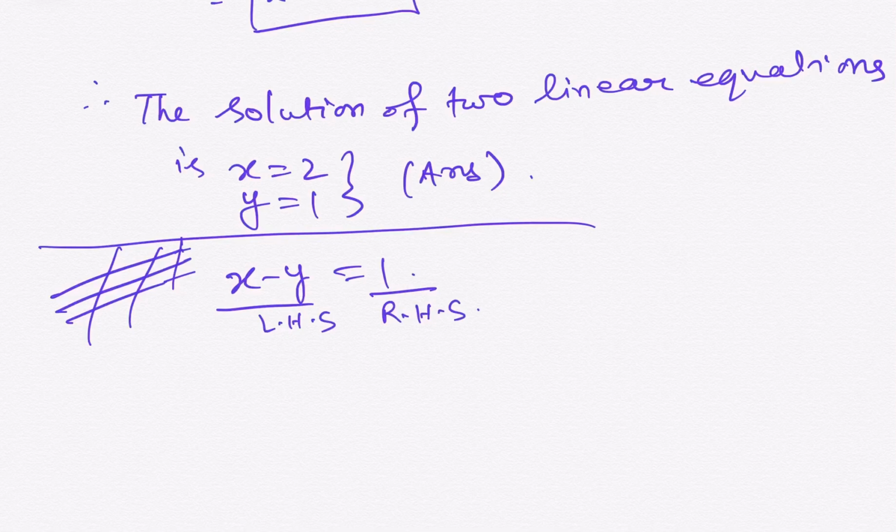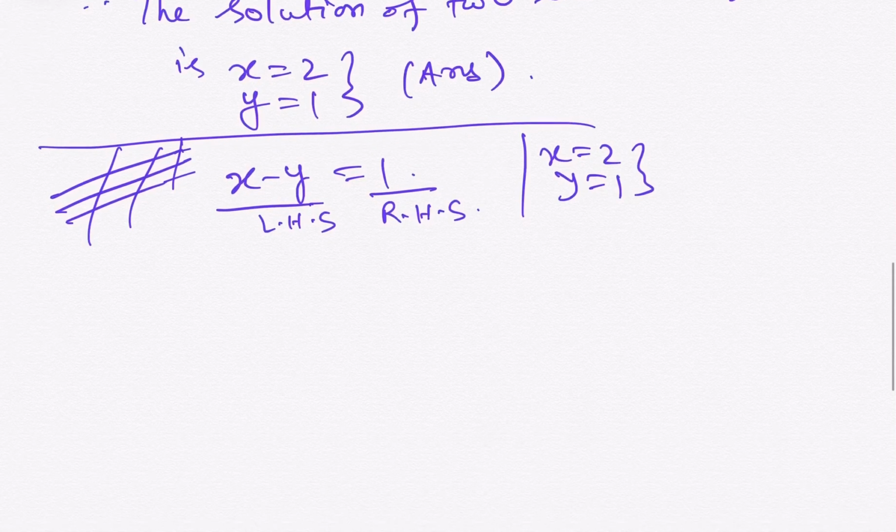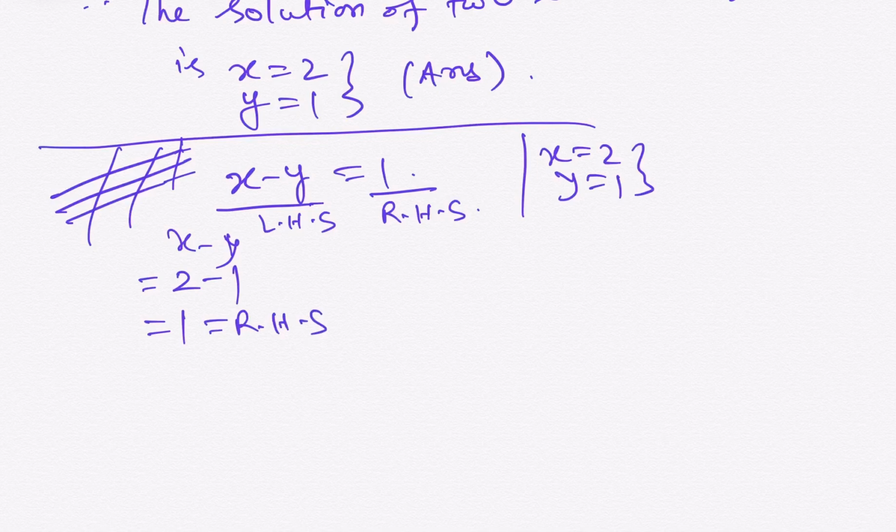These two variable values, x equals 2 and y equals 1, are substituted into the LHS part of the given equation. If the LHS value equals the RHS value, then your answer is correct. Here 2 minus 1, which is 1, also equals the RHS. So our answer is correct.